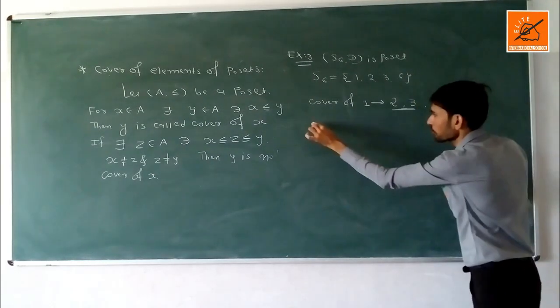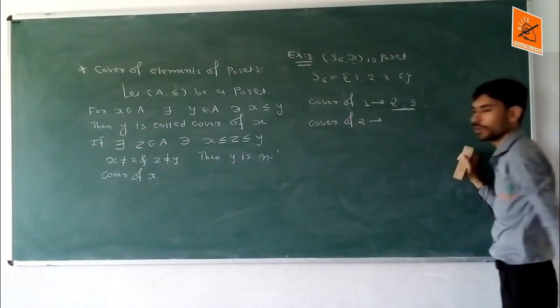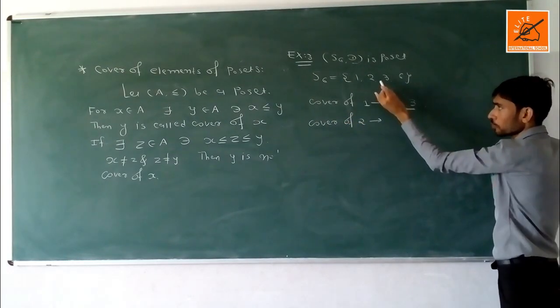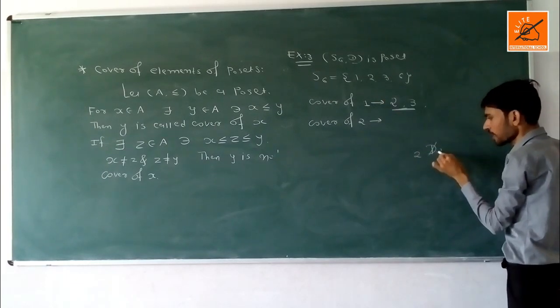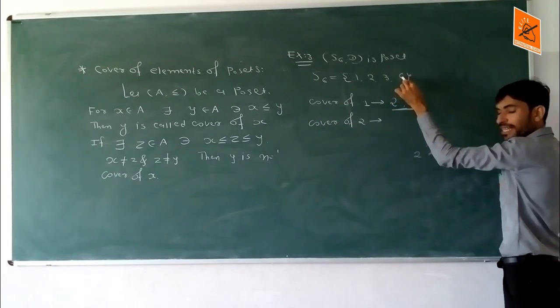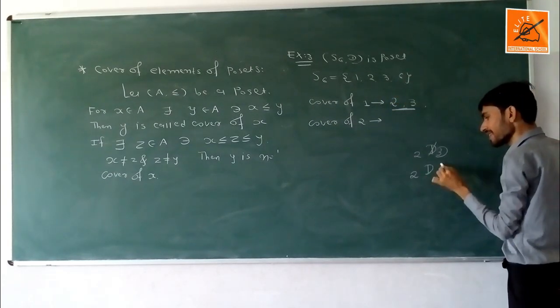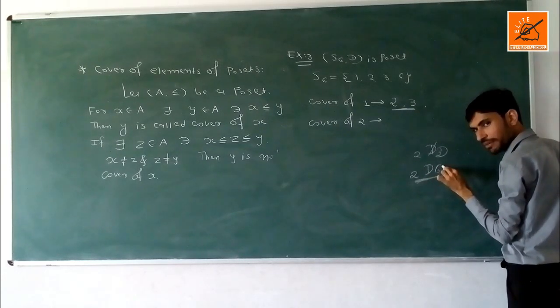Now to find the cover of 2. So here 2, 1. 2 does not divide 3. So 3 is not a cover of 2. Now we go forward. So the element is 6. 2 divides 6 and observe, 2 directly divides 6.